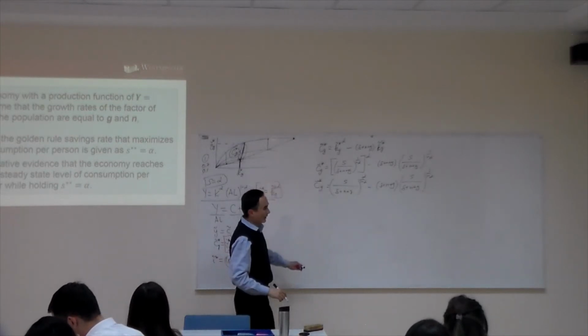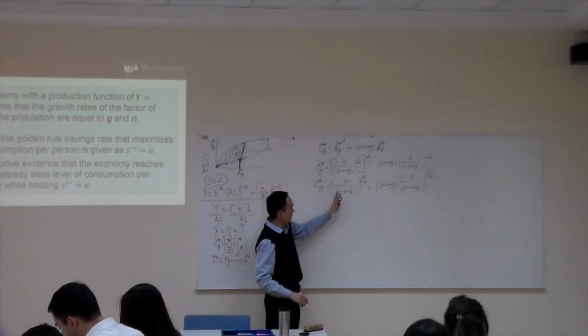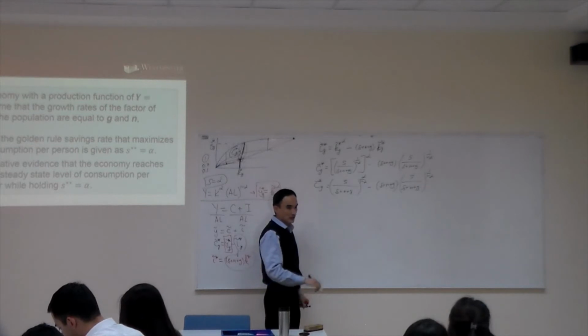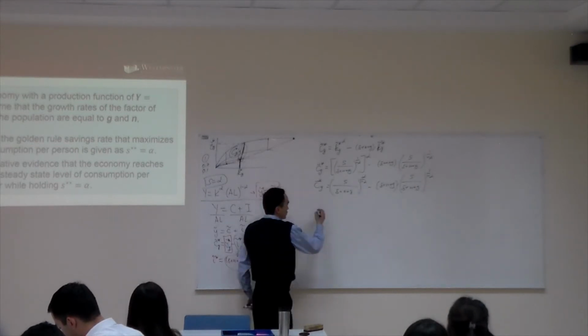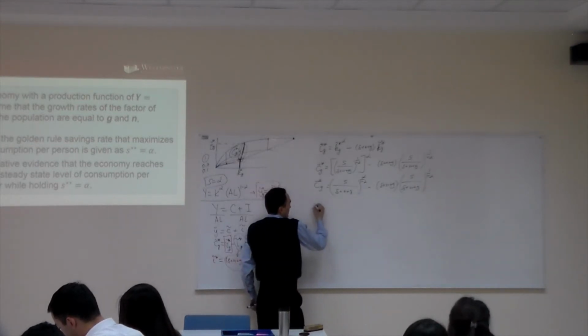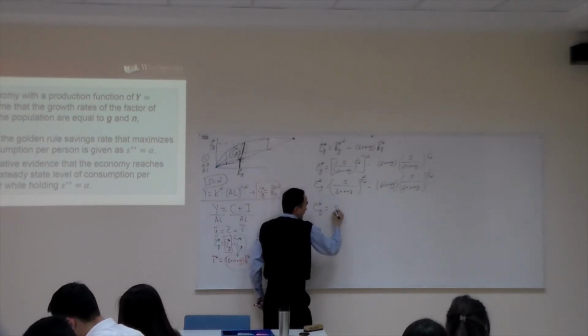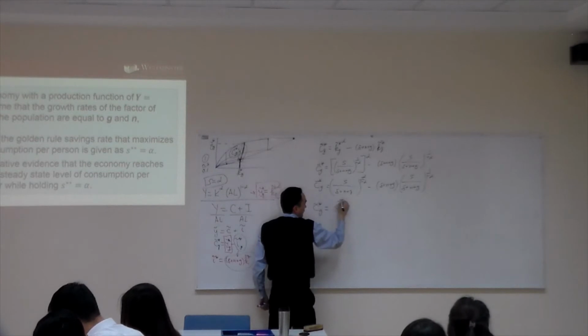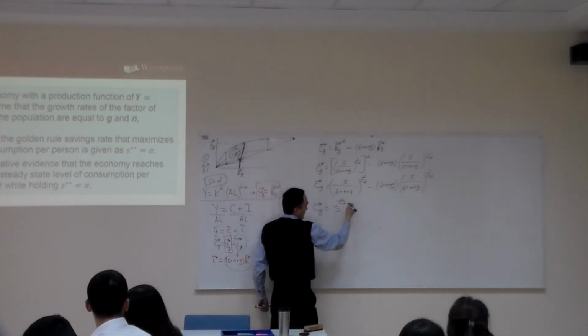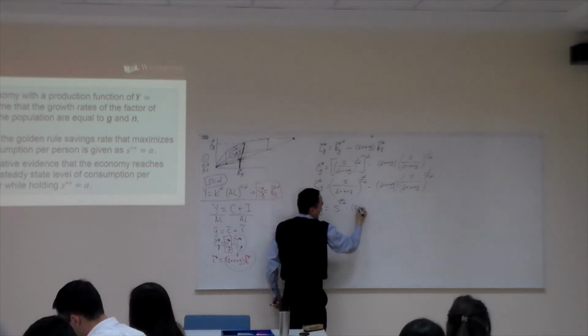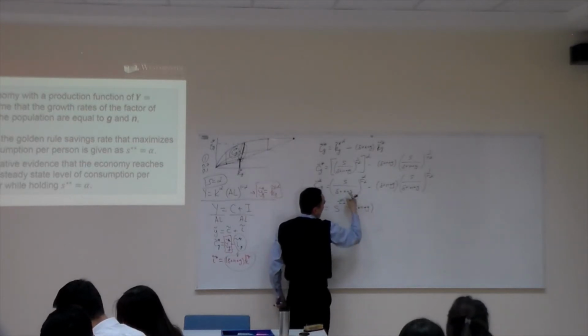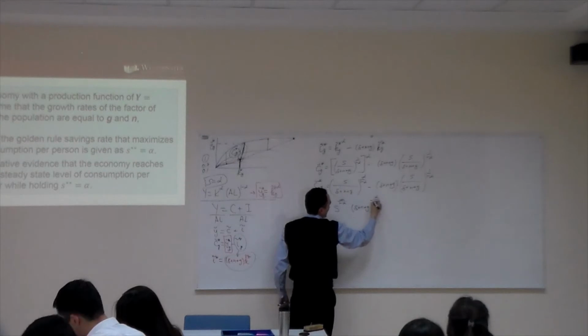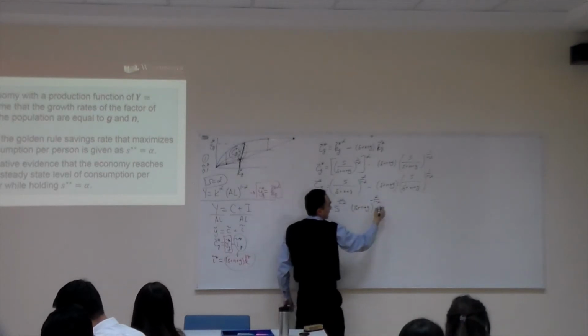So let us write numerators and denominators separately with separate powers, which is going to give us consumption per effective labor at the golden level equal to saving rate in the power of alpha over 1 minus alpha times, now the denominator, delta plus n plus g in the power of minus alpha over 1 minus alpha, right?